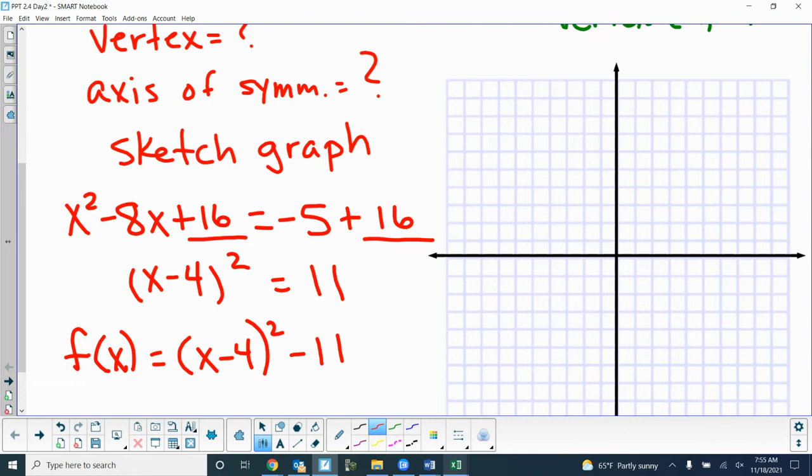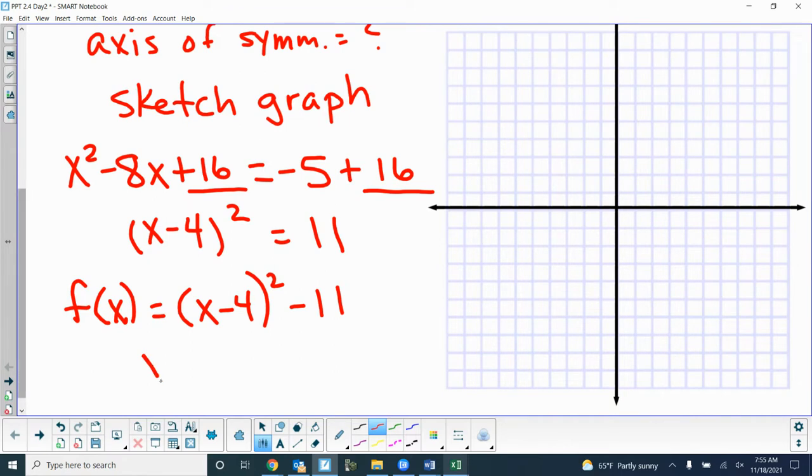Okay? Any other questions? Now that I have it in vertex form, I know what the vertex is. Okay? It's the opposite of this negative 4 and whatever's out here. That's the vertex of our parabola.